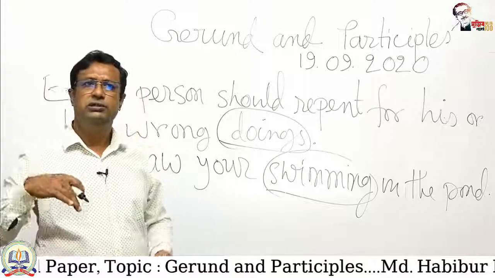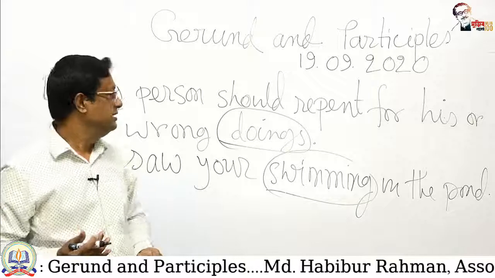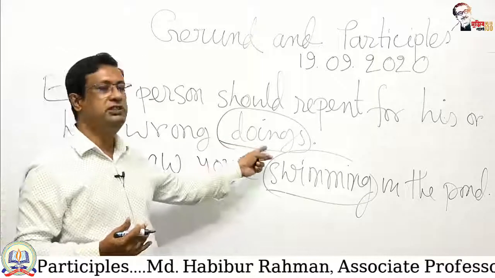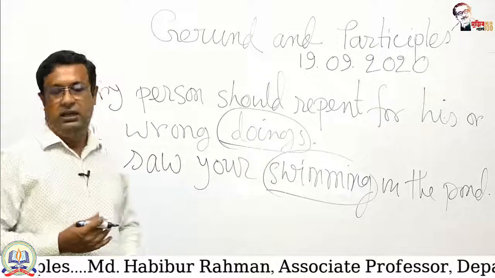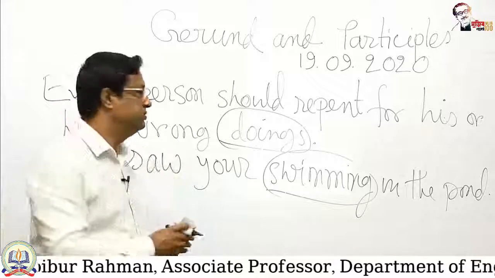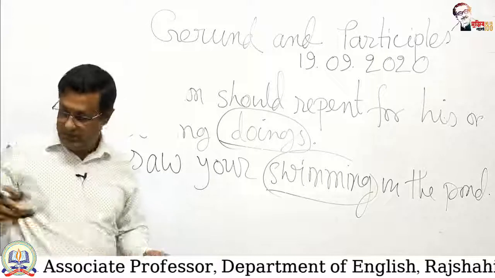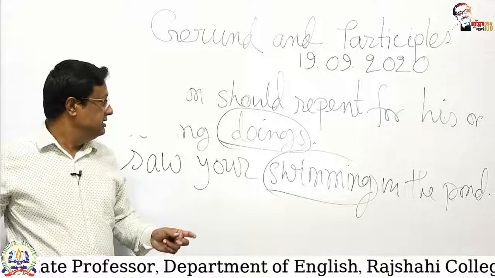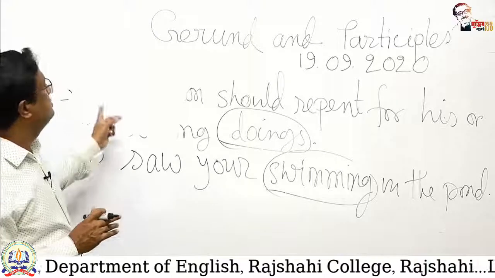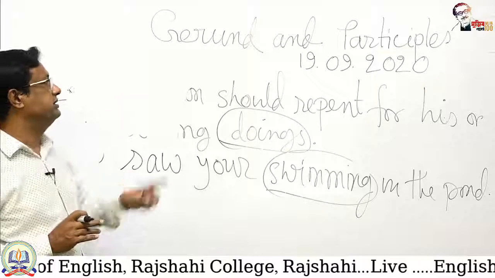Although there is another noun of do, that is doer, and in plural form doers. But here the action is mentioned. And another example. Here one thing you should notice: every person should repent for his or her wrongdoings.